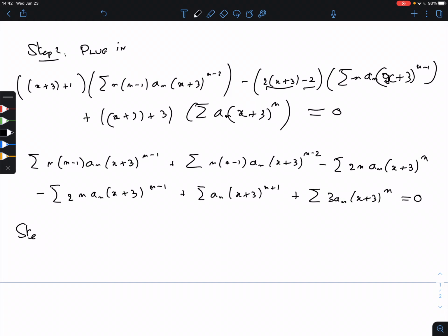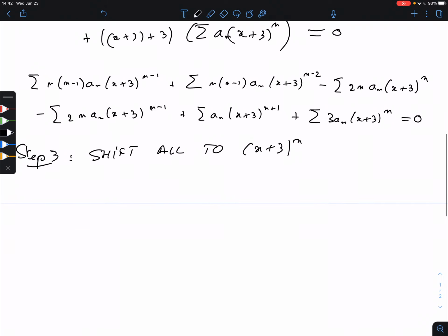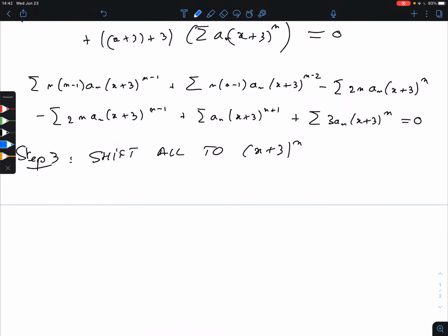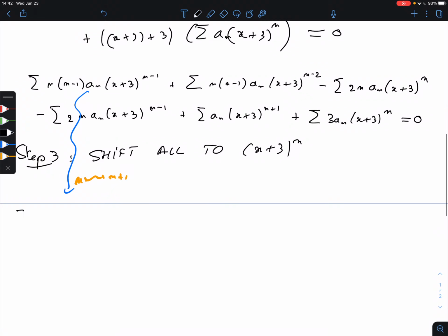Step 3: shift all to powers of (x+3) to the n. So there's a lot of shifts that have to happen here. This one we have to do the shift n goes to n+1. So we get summation (n+1) n a_(n+1) (x+3)^n.